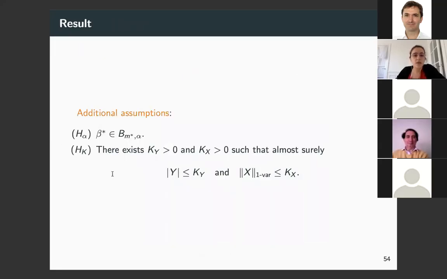For this, I need two assumptions. I assume that the true coefficient is also in a ball of radius alpha. And I also assume that both y and x are almost surely uniformly bounded by ky and kx. So everything is basically bounded.